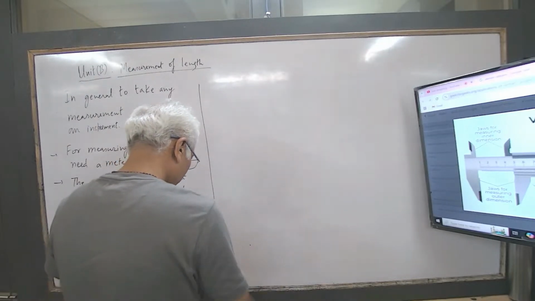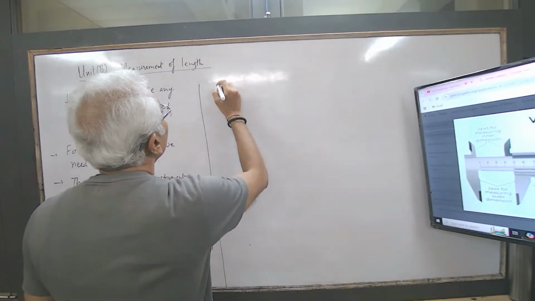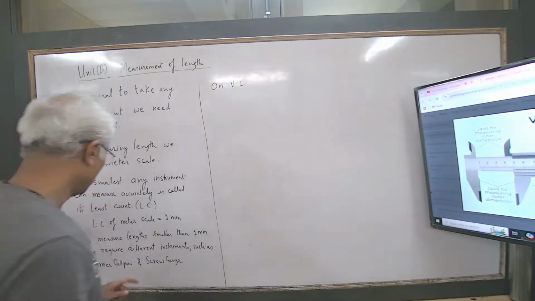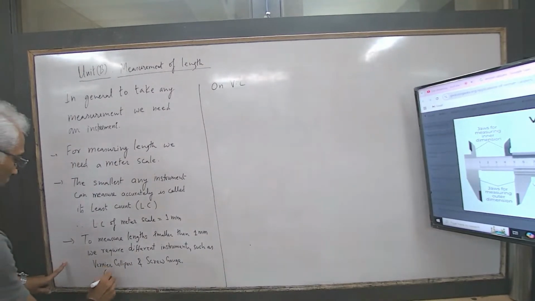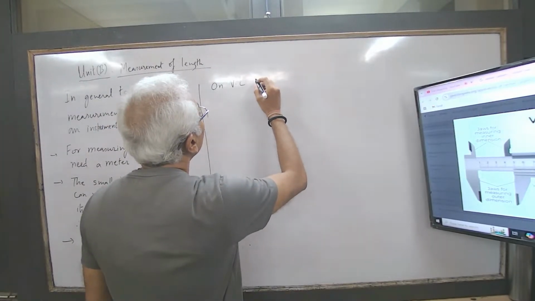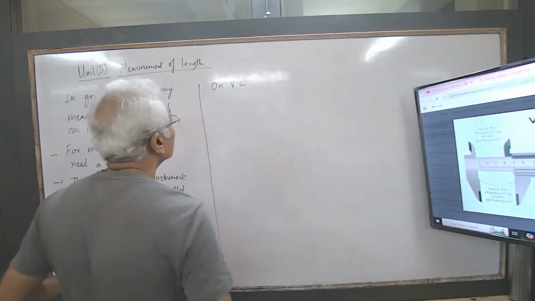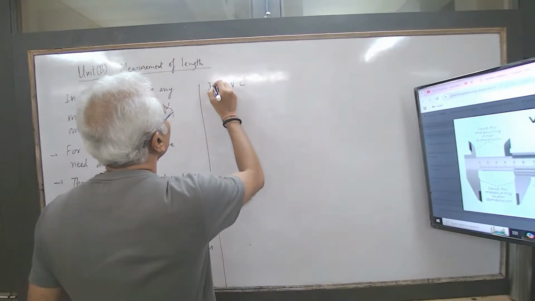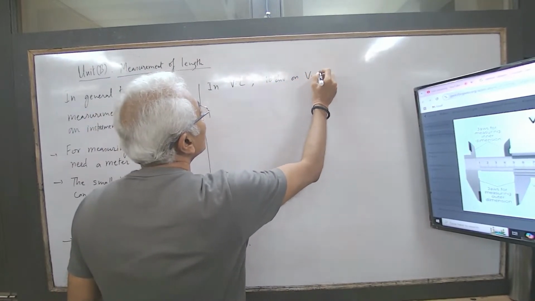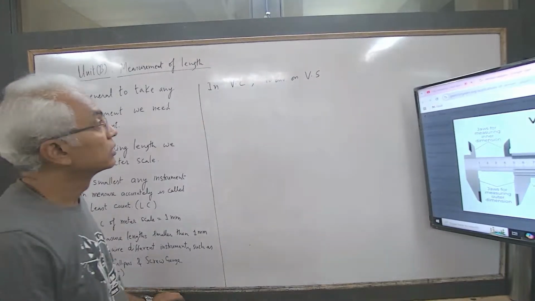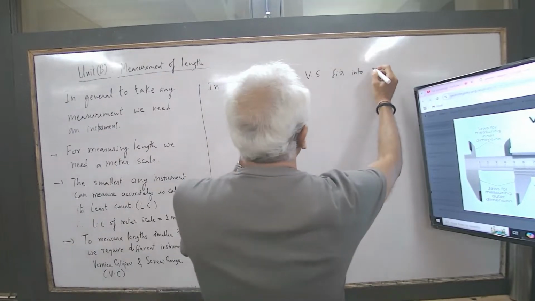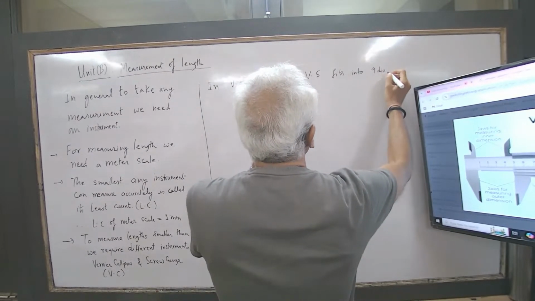Therefore, on vernier calipers, VC for vernier calipers, 10 divisions on the vernier scale, V for vernier, S for scale, fit into 9 divisions on the main scale.